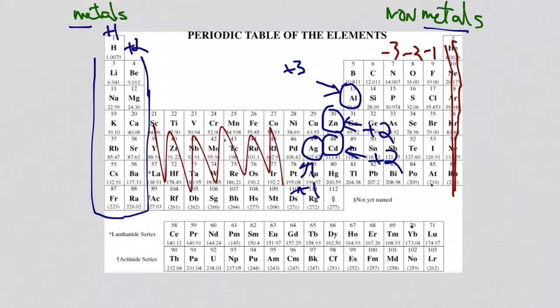So any time that these metals are bonding with any nonmetals here on the right-hand side, they always give up the same number of electrons. And you use the entire name for the metal, and for the nonmetals, you're going to change the ending to IDE.